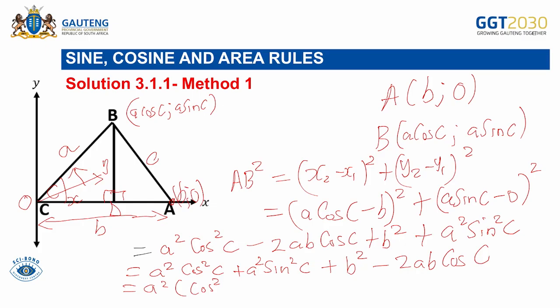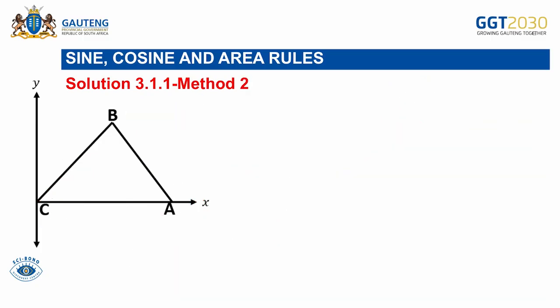You are left with cos squared c plus sine squared c, which is an identity, plus b squared minus 2ab cos of big C. What do you realize there? Yes. Sine squared c plus cos squared c will give us a 1. So basically, that is a squared times 1. So in my next step, I will have a squared times 1, then plus b squared minus 2ab cos c.